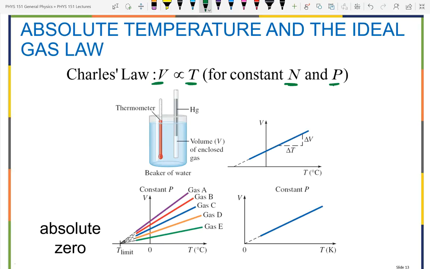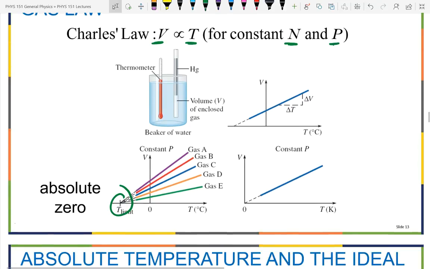And in fact, no matter what the volume was, no matter what the gas was, if he took his data and extrapolated back to find the temperature at which the volume would be zero, it all comes to the same temperature. And so that was the first inkling of an absolute zero. It was the same temperature for any ideal gas where the volume shrinks down to zero. So that's our first gas equation, Charles' law.